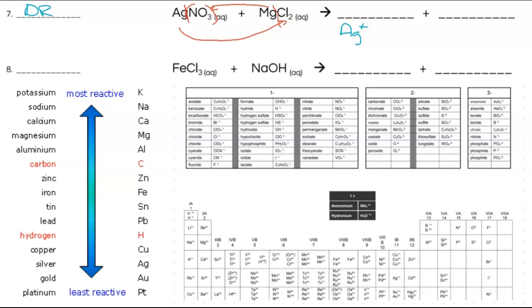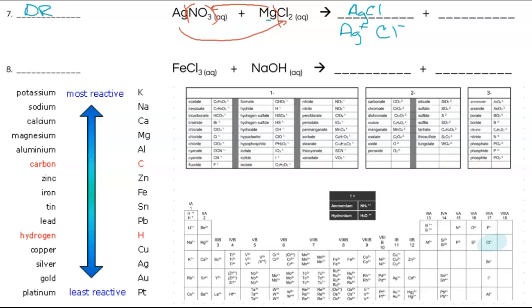When I look in this box on my periodic table, it tells me what the ion should look like. And the ion here should just look like Cl by itself. So I bring over the chlorine, and it's a -1 charge. When I crisscross reduce, my formula will be AgCl. That's silver chloride.